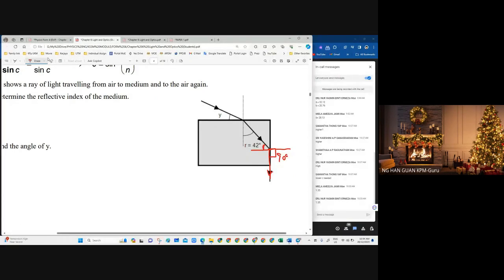Inside here is the normal line, so this angle is your critical angle. The critical angle is equal to 48 degrees, based on this triangle. You have 42 here and 90, so this one must be 48. That's why the refractive index equals 1 over sin 48, so it is 1.35.